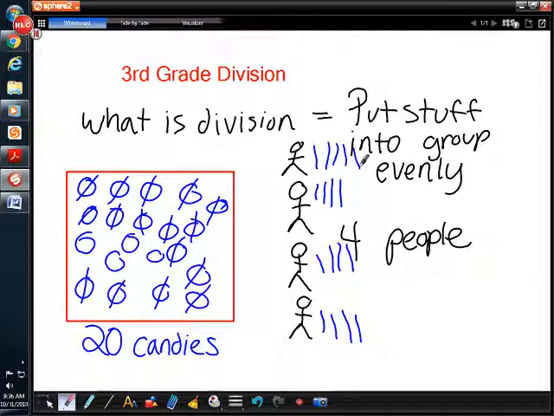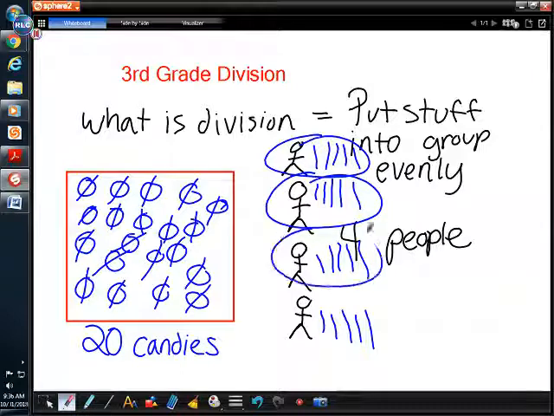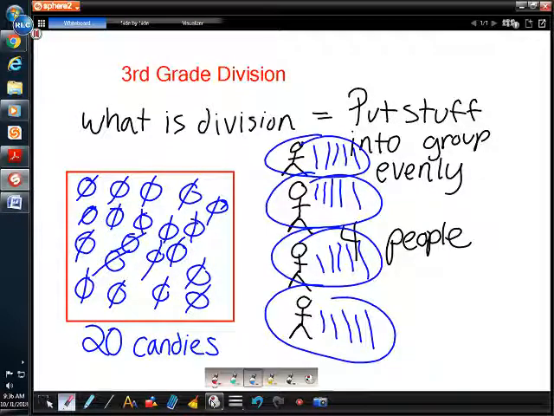He gets 1, he gets 1, he gets 1, and he gets 1. All of my candy is now gone. And if you look at what we did here, every child is going to get 5 pieces of candy. Okay, so everybody gets 5.